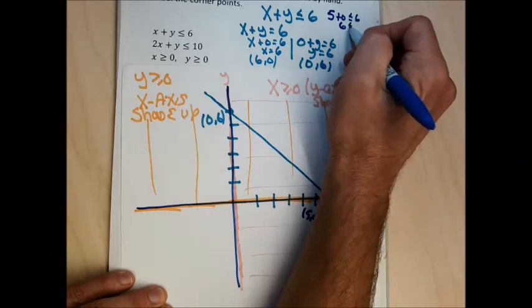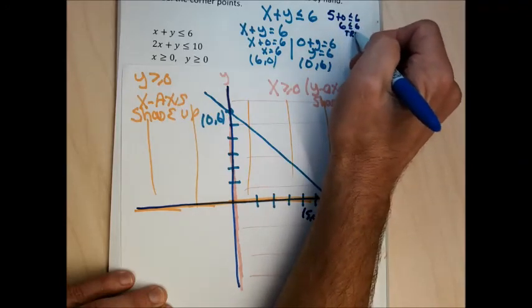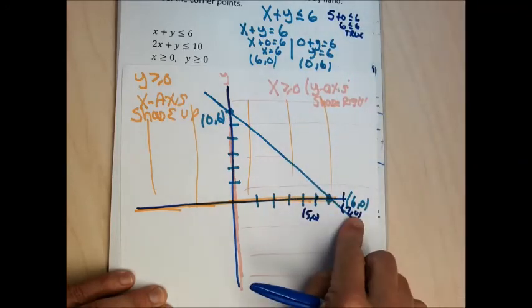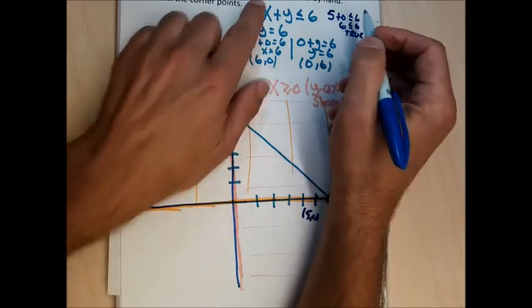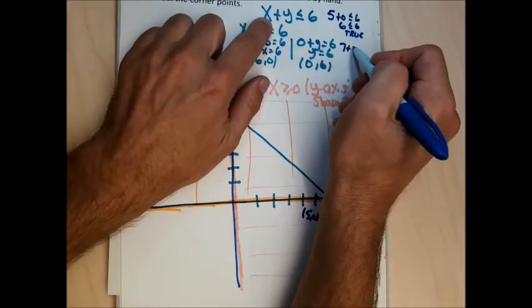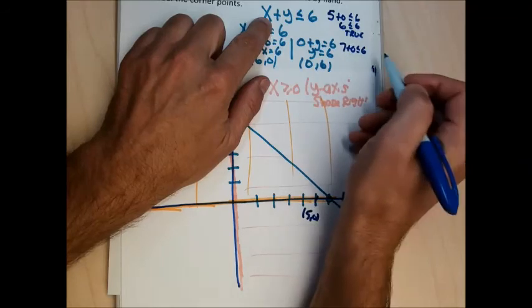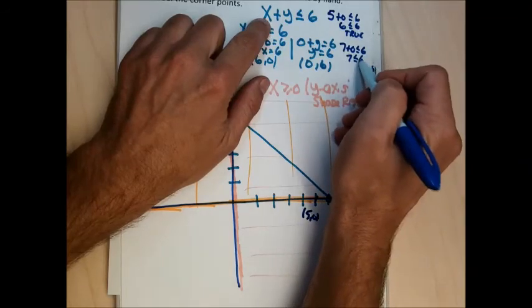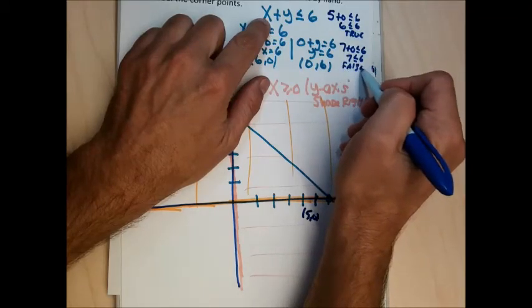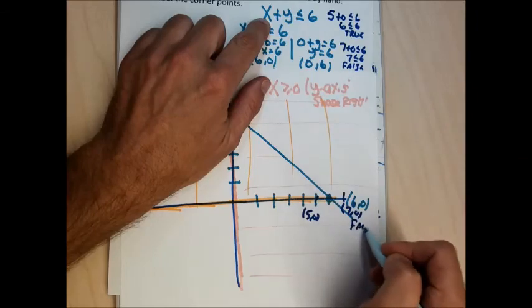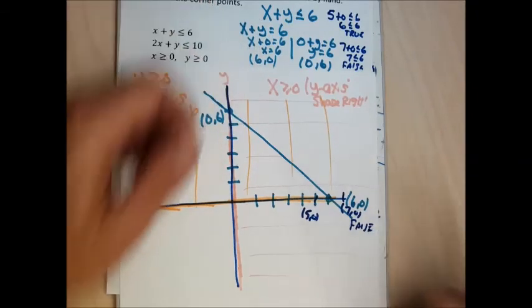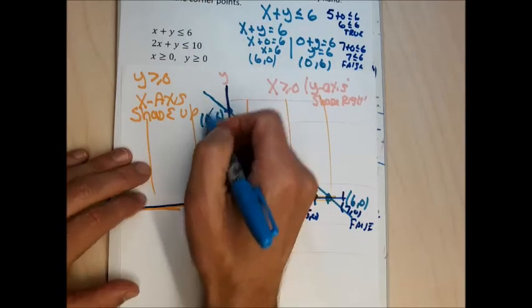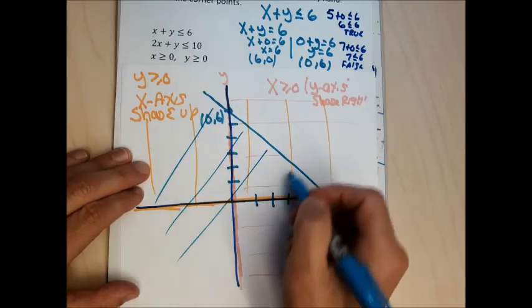That gives me 6 is less than or equal to 6, which is true. And then I'm going to do the same with 7, 0. Plug in 7 for x and 0 for y. That gives me 7 is less than or equal to 6, which is false. And my shading needs to go towards the true point. So this one, the shading is going to work out this way.